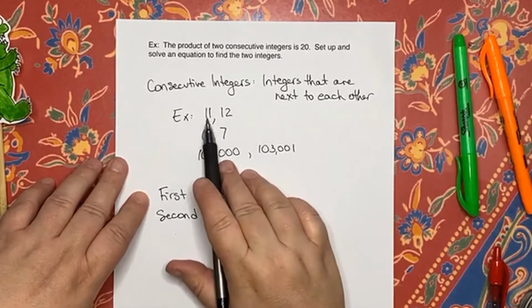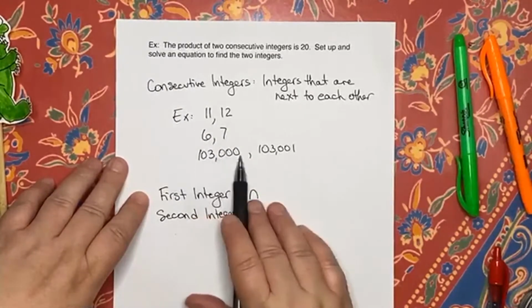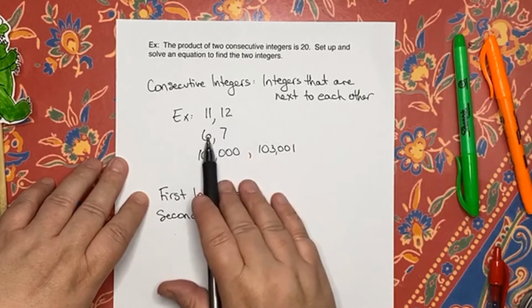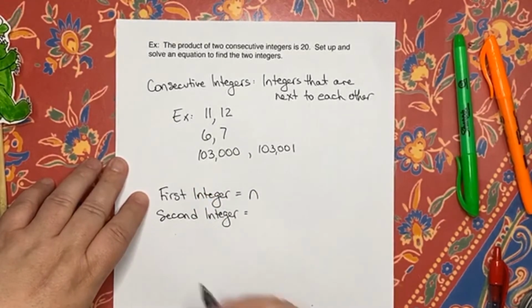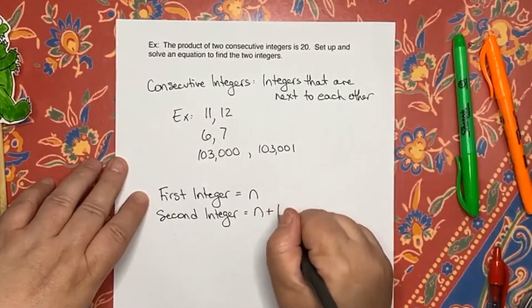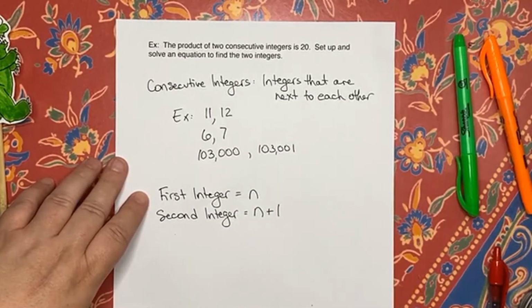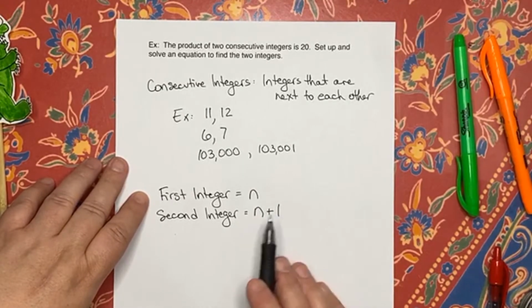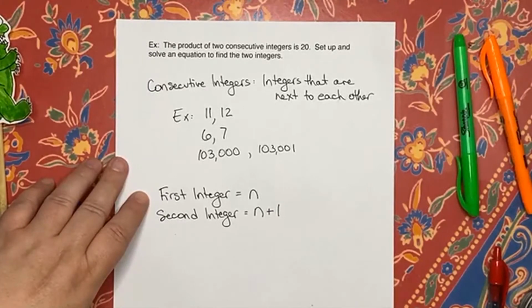Now, if I look at 11, 12, 6, 7, 103,000, 103,001, I see there's something pretty consistent. Every time I go to the next one, I take the previous one and I just add 1 to it. So my first integer is n, my second integer is n plus 1. And this is how we're going to do consecutive integer problems.